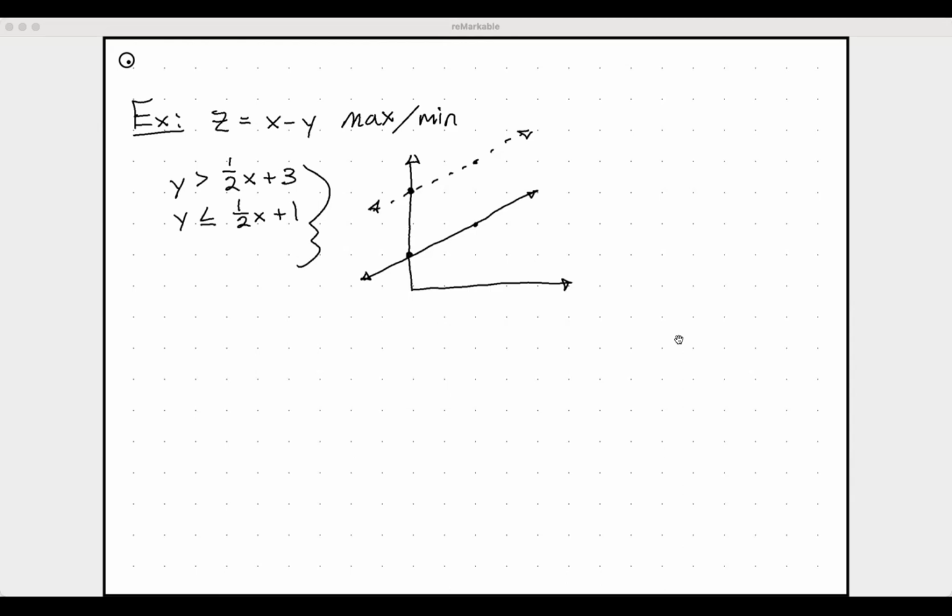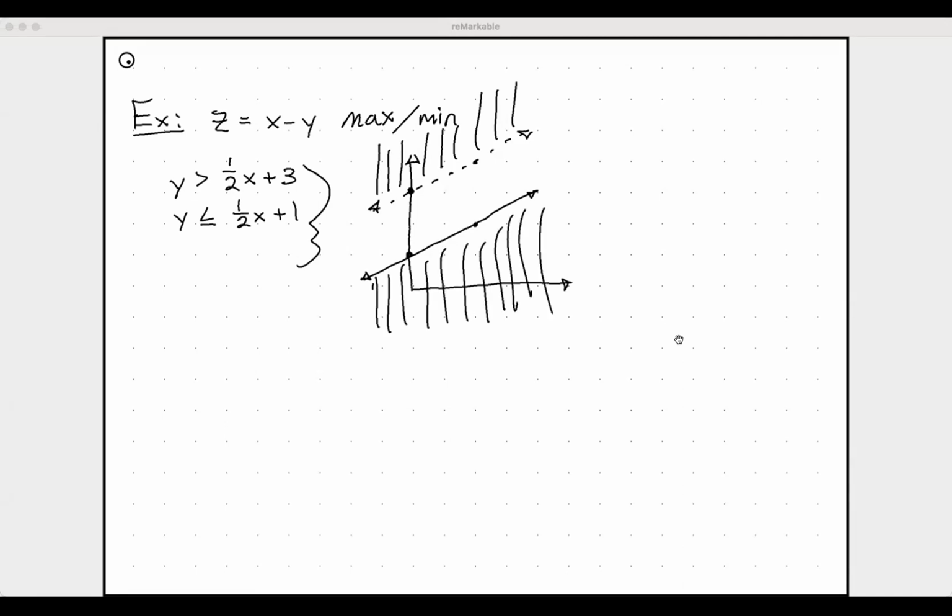So if I shade these in, the first inequality says I'm looking for y values above the dotted line. So that's this way. The second inequality says that I'm looking for y values below the shaded in line. And now my feasible region is nothing, right? So the feasible region is where we satisfy both inequalities at once. And that does not happen here.